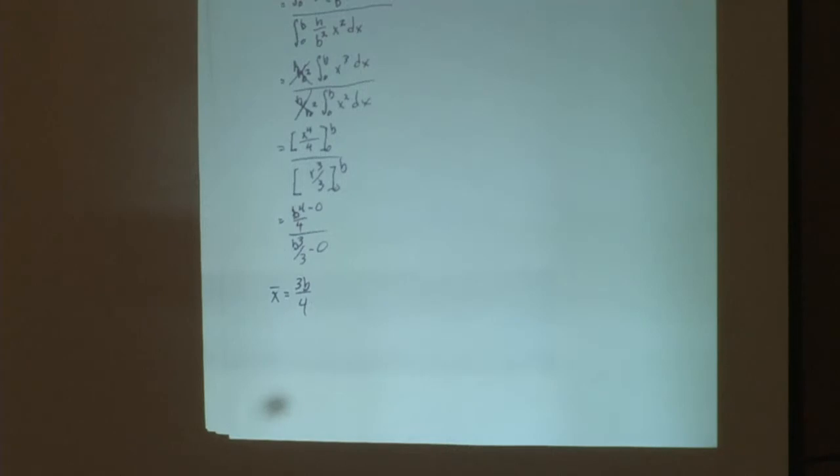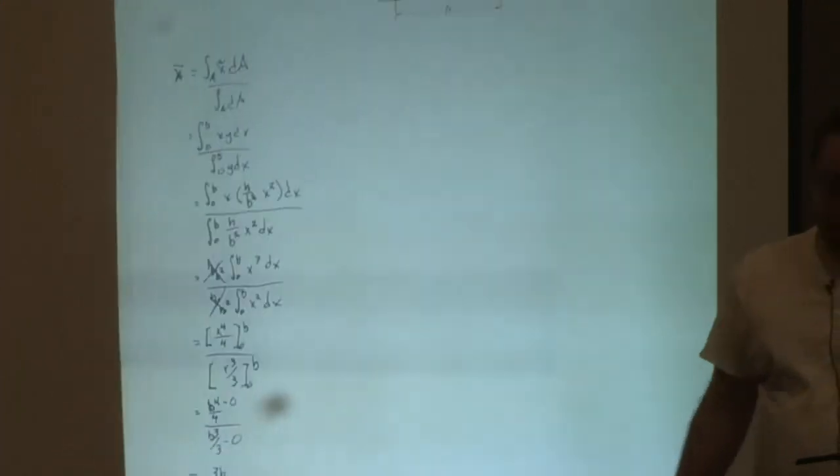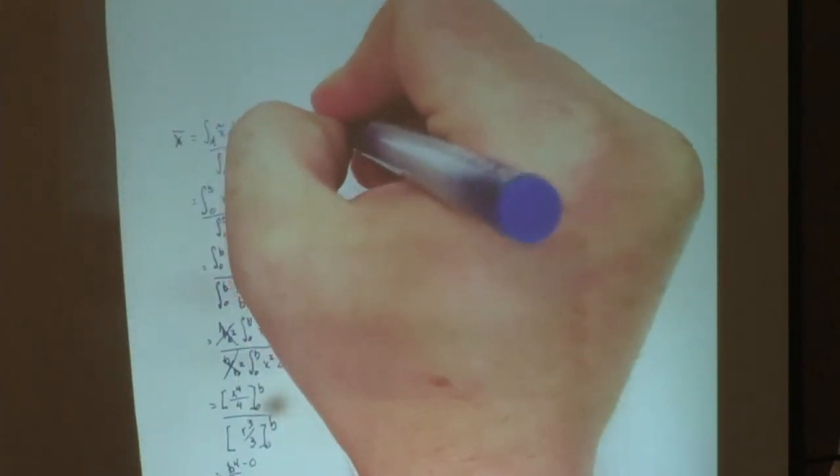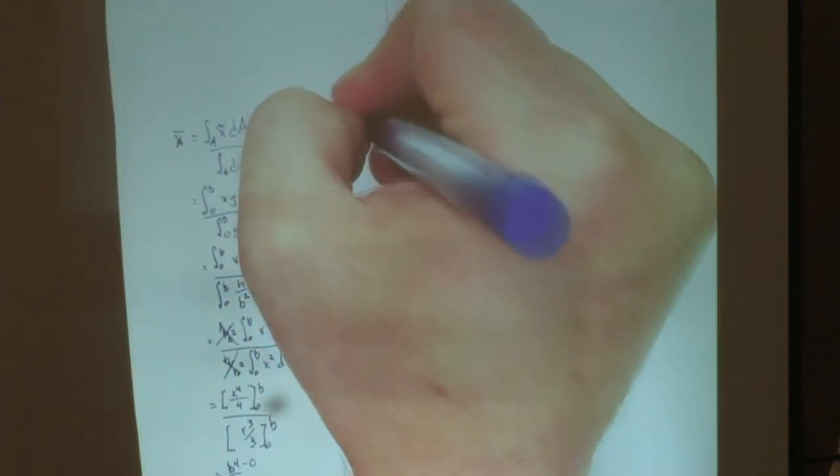You scan it from the way you want to, left to right in this case, because that way you don't have to worry about cutting stuff away. All right, so let's move on to Y-bar. And remember, for dA, we have y dx.